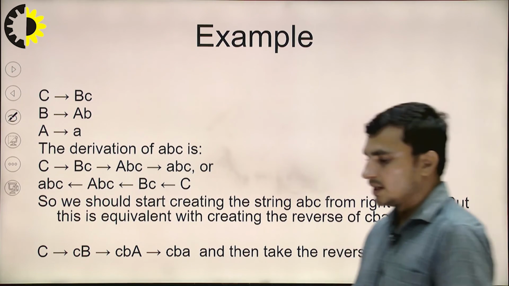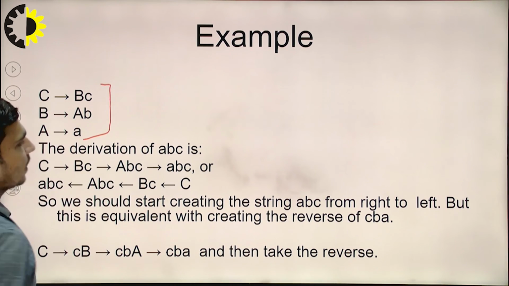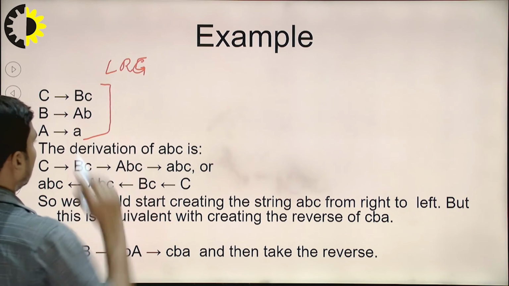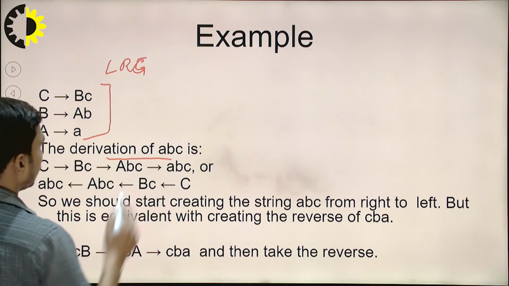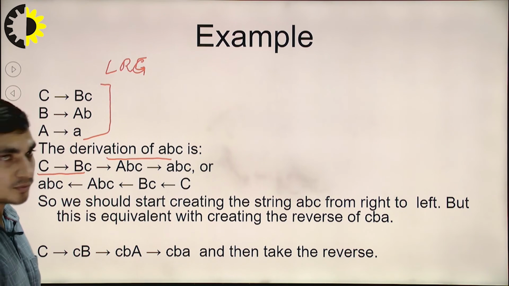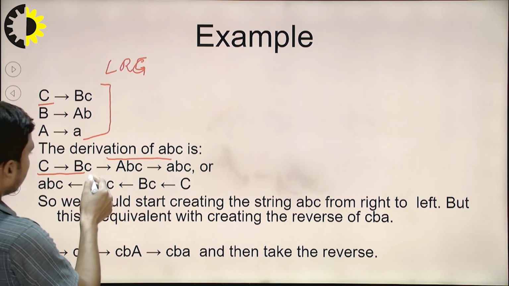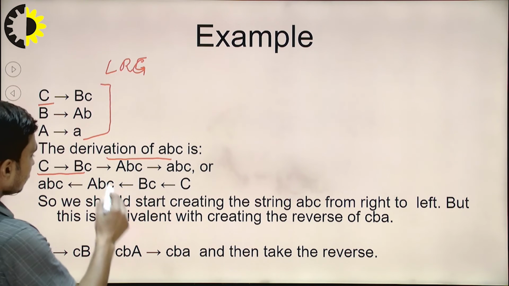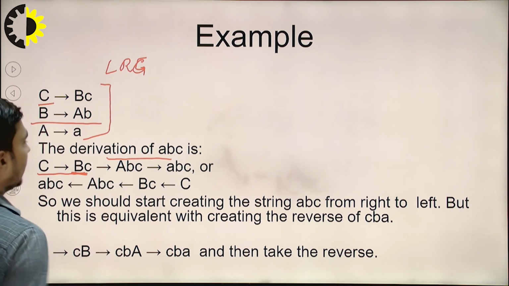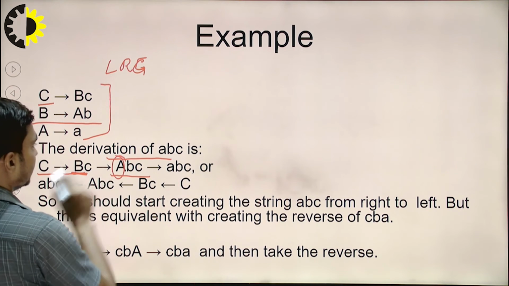Now, we have this example here. These are the production rules we have, and these production rules are of a left regular grammar. Now, we can derive ABC from this. How can we derive ABC from this? Suppose first we use the production rule for C, as we will start from C, and C can be rewritten as capital BC, and this B can also be rewritten by this production rule, and it can be derived to AB C, and in this A will be derived to small a.